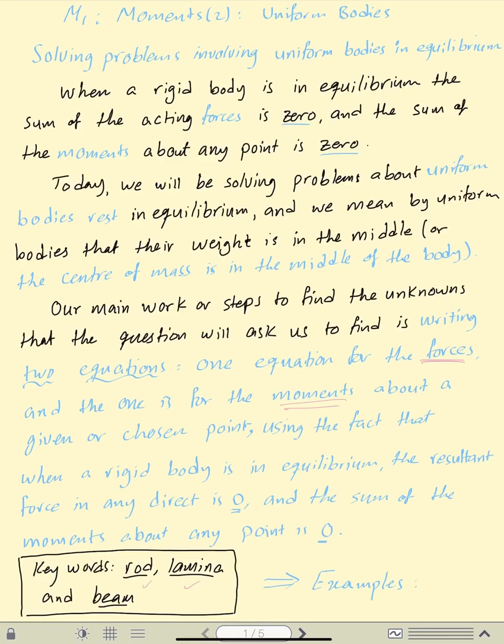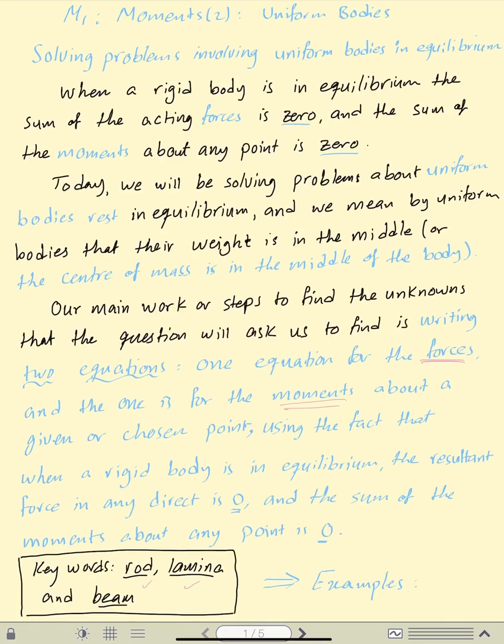In the first part, we started by identifying moments and solving basic problems. Today, our work is with uniform bodies, equilibrium problems. Our main work today is when we have hard, solid, rigid bodies resting in equilibrium. So we may have more than one force acting on this body.